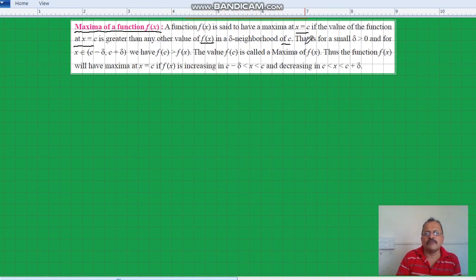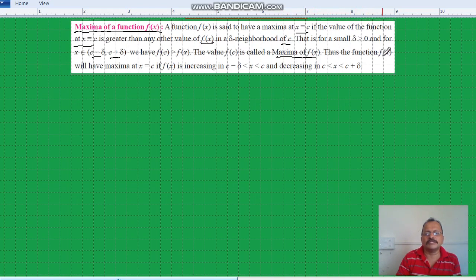That is, for a small delta greater than 0 and x belonging to the open interval, the set containing all points from c minus delta to c plus delta, we have f(c) greater than f(x) for every x in this neighborhood. The value of f(c) is called maxima of f(x).